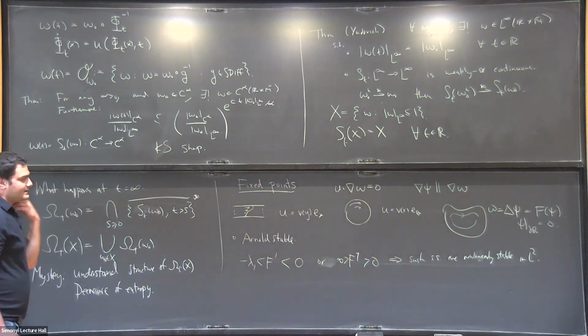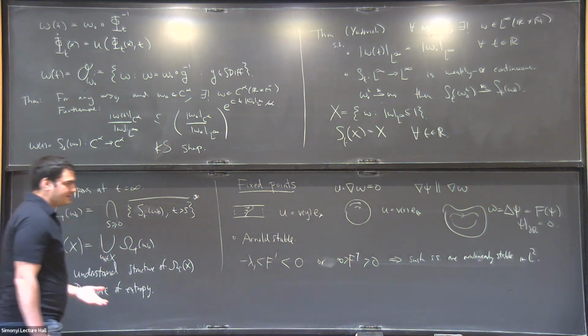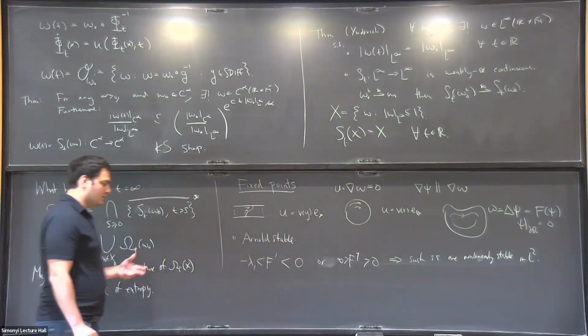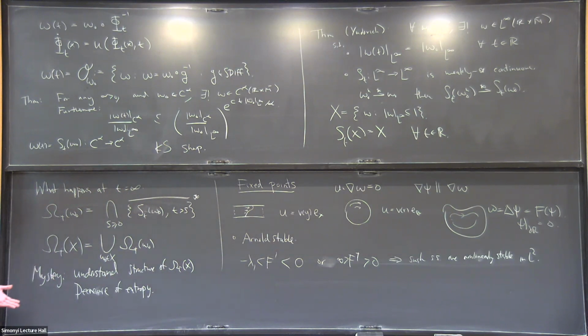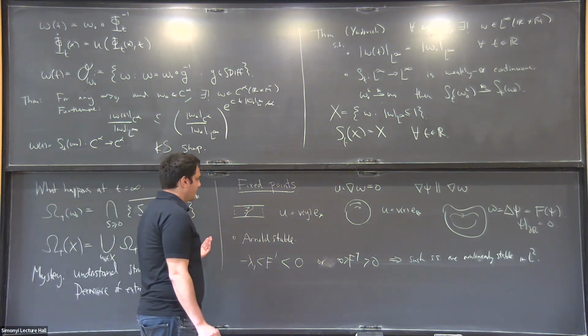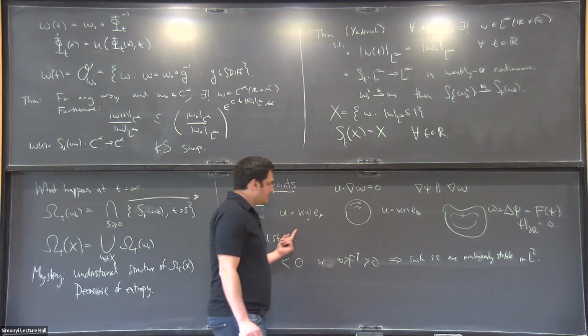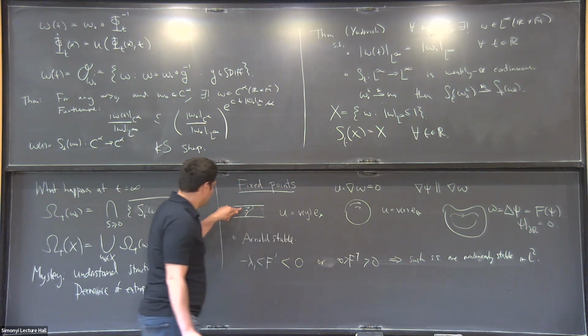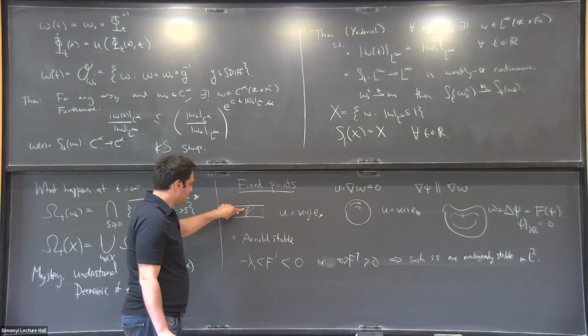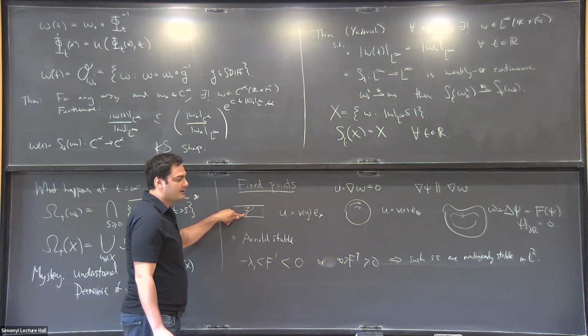Another remark about steady states is that they're not really steady. The velocity is time independent, but if you look at the particles, the physical composition of the fluid, the particles are generally in motion. So in fact, if you think about the shear flow, the particle up top is going much faster than the particle at the bottom. And so this one is making laps around this one as you run in time.